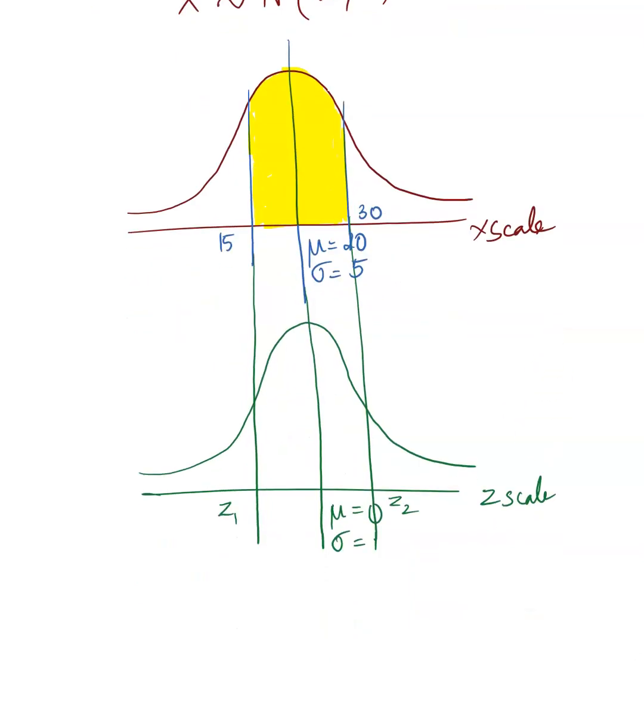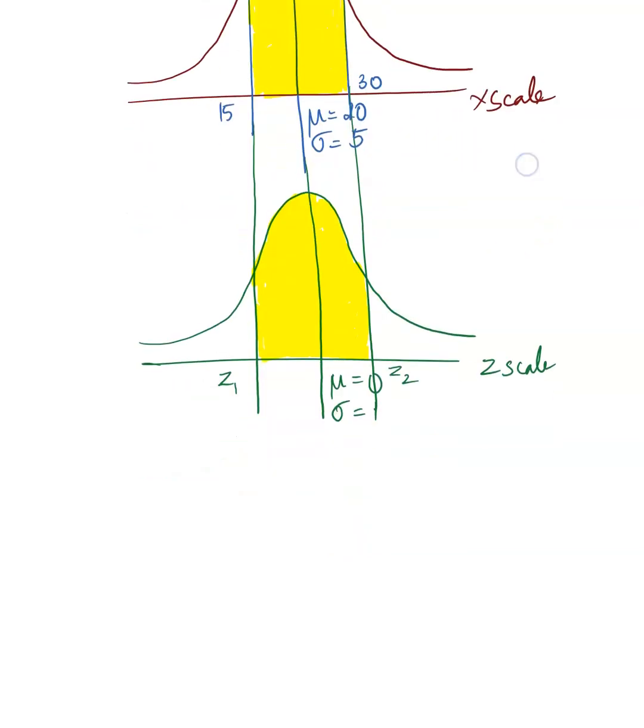And notice again, it's the same area. They should look identical, the shapes I've tried. You know my skills now. This is the best I could do, but I hope you understand that I'm trying to draw the identical curve. So it's all the same region, you're just doing it on a different scale. So for z1, I'm going to do it this side. z1 is x1 minus mu over sigma, because I'm going to call this x1, because we have two endpoints.